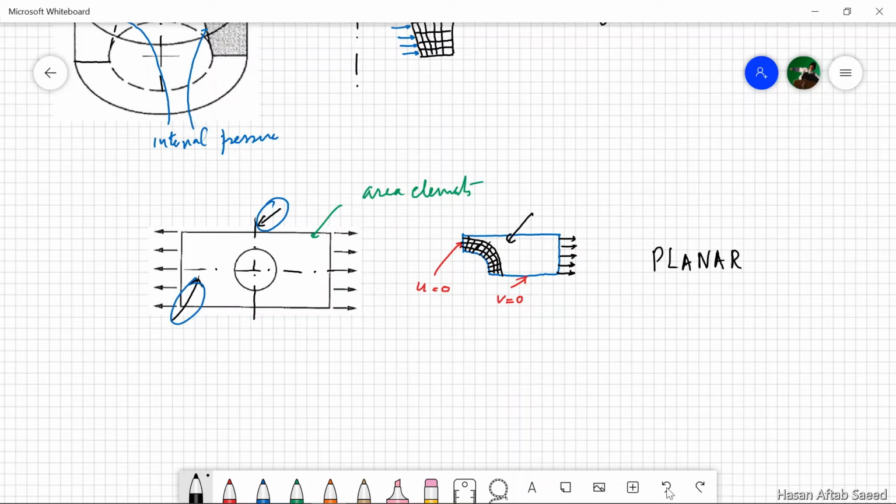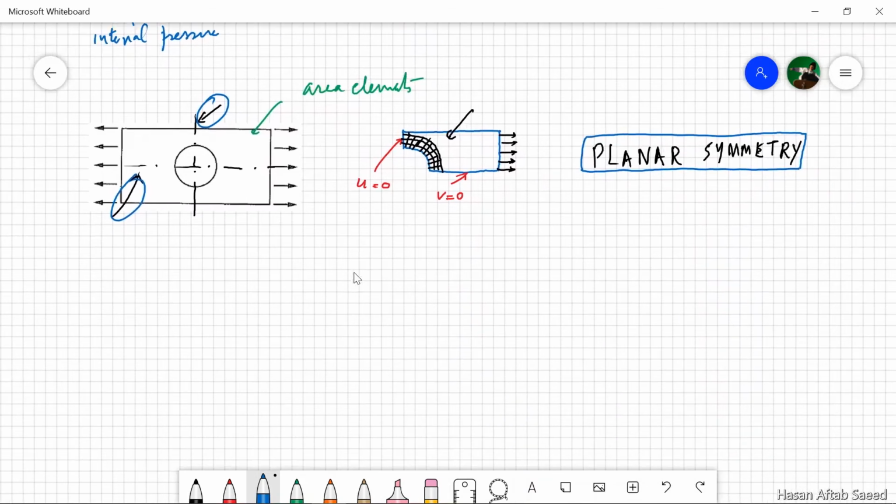So this is the second of the 3 types we're going to discuss. Planar symmetry. Again, very extensively used, and you should always try to spot if there is a planar symmetry anywhere in your model, because it will help you a lot in terms of reducing the computational cost.